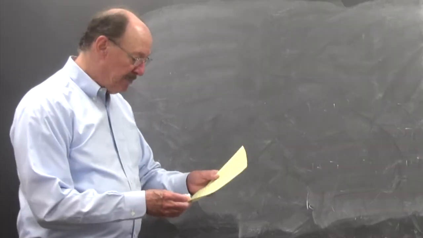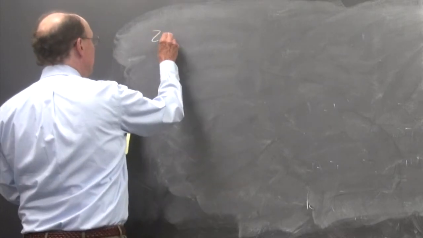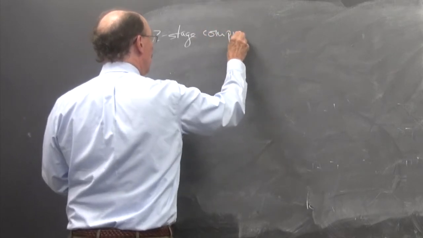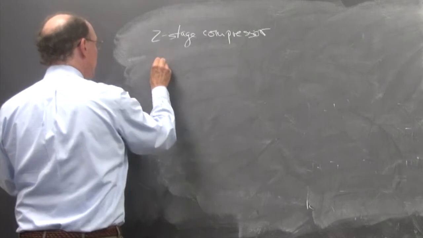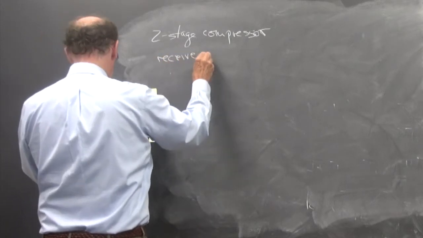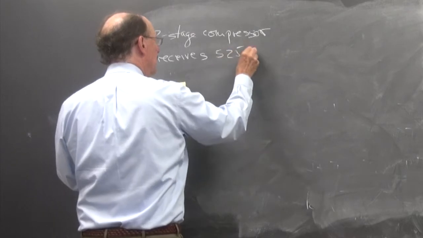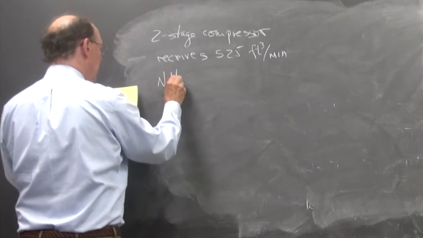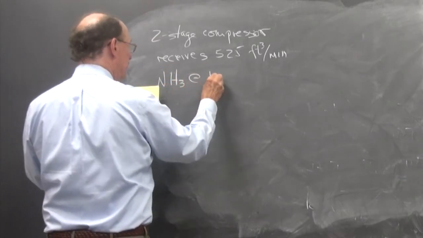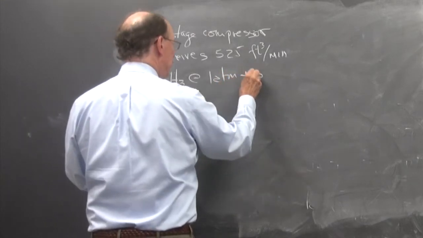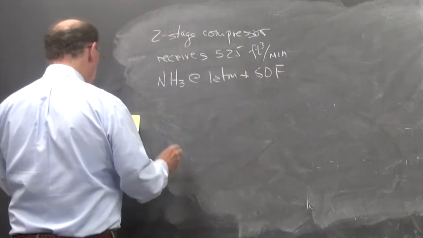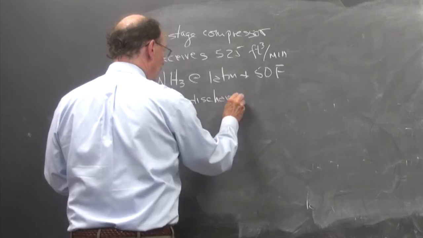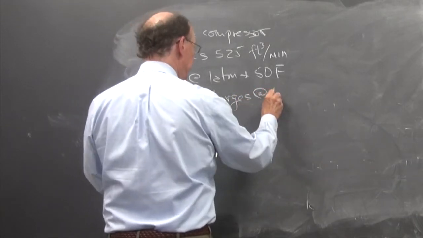Let's do an example. Here we'll have a two-stage compressor. It receives 525 cubic feet per minute of NH3 at 1 atmosphere and 50 degrees Fahrenheit, and discharges it at 150 psia.